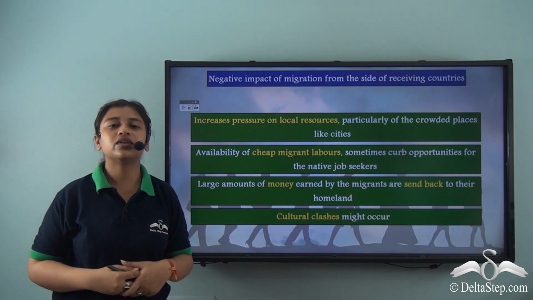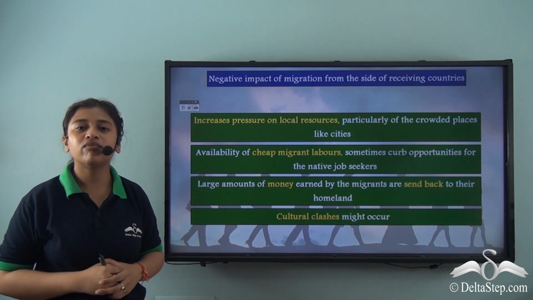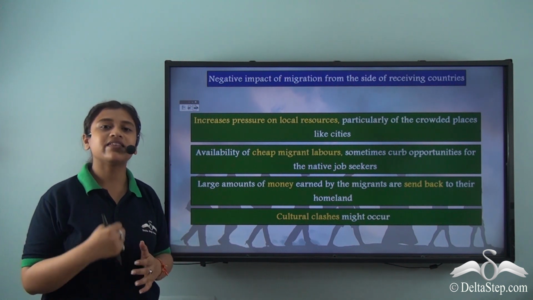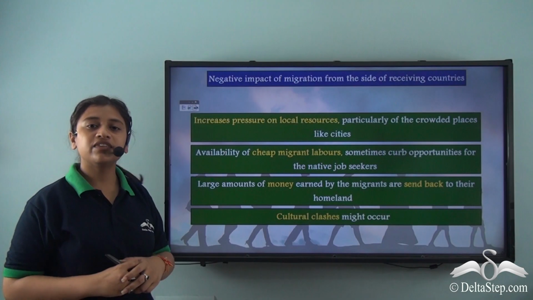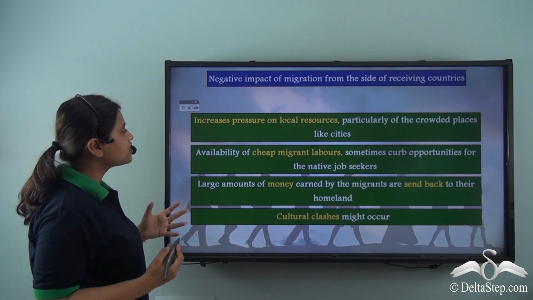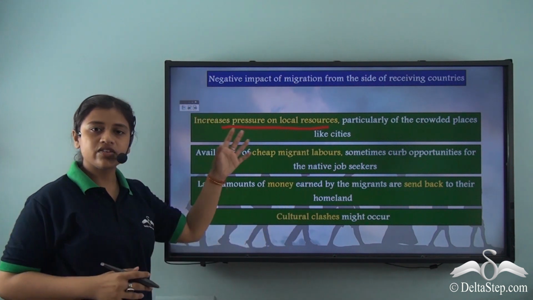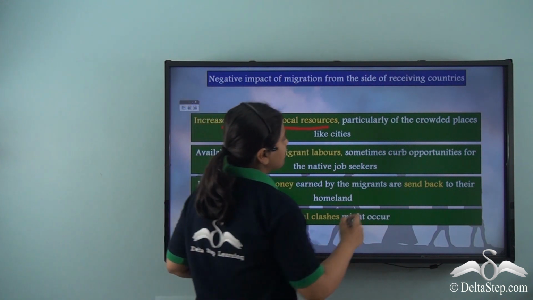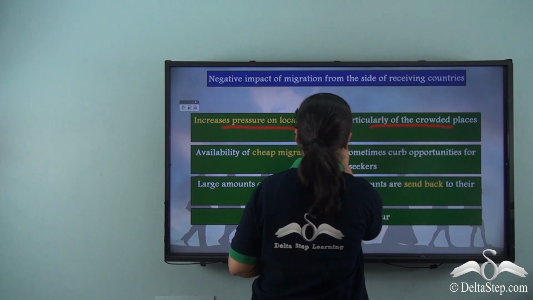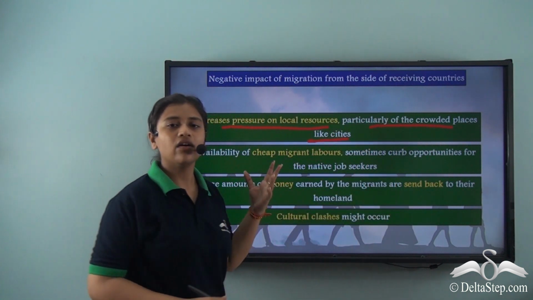So here were the negative impacts of migration for the receiving countries. Let's recap. The first point says that it leads to increased pressure on local resources, particularly in crowded places like cities or urban areas.